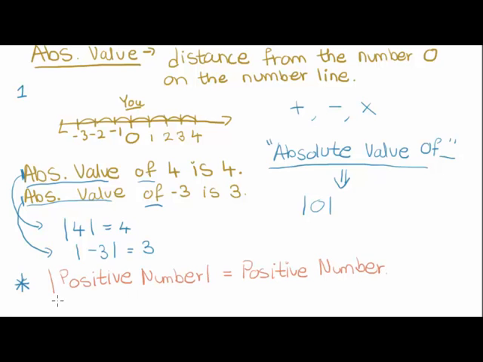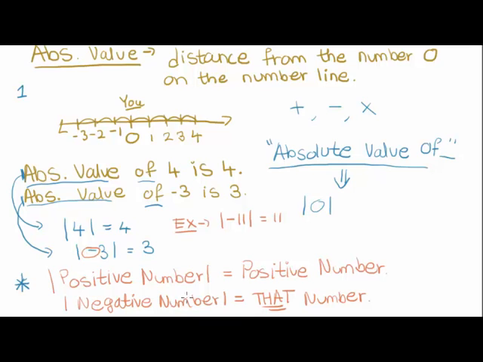On the other hand, if you have the absolute value of a negative number, all you need to do to evaluate this is just take out this little dash in front of it and then just take the number as is. So an example would be the absolute value of negative 11 would be 11. Okay, so the absolute value of a negative number is just that number.